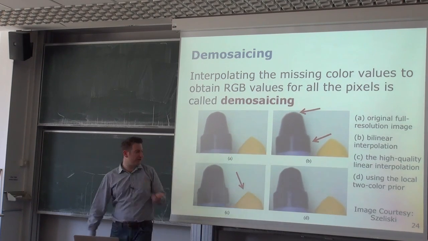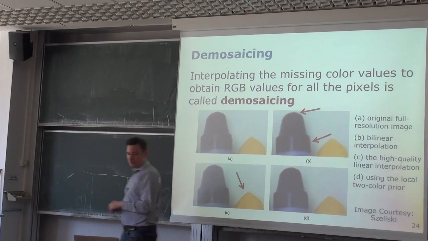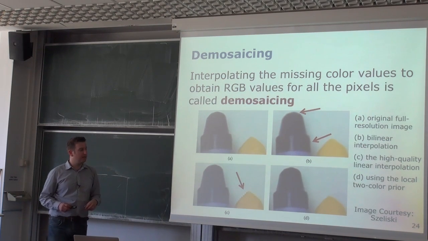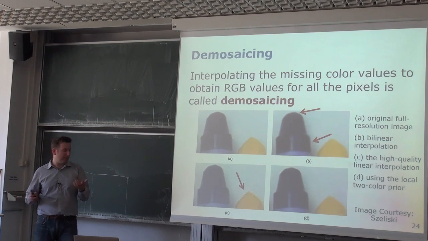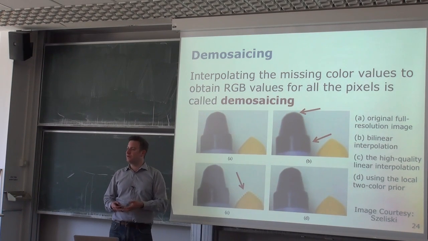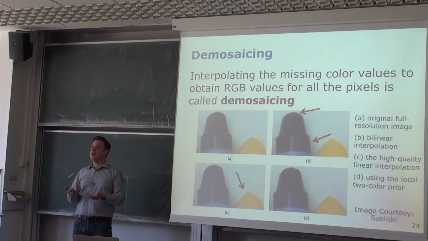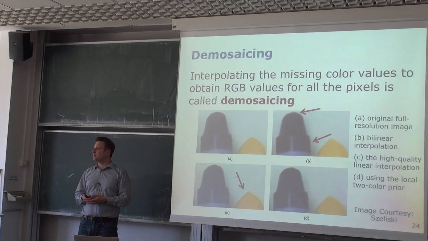And there are others taking into account prior information, which generate more detailed or better quality interpolations. There are different techniques that you can use, but it is something that we have to use if we have a chip which uses a pattern.